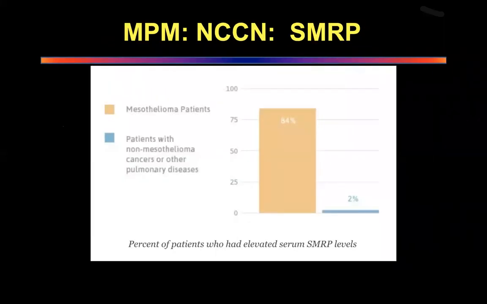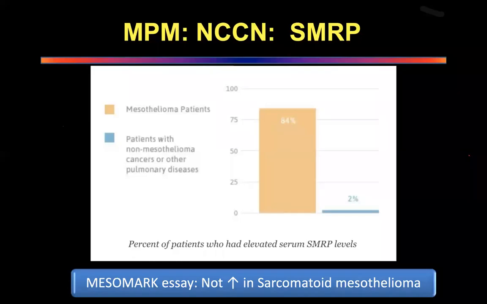Okay, so this is the SMRP data. Pretty sensitive for diagnosing the presence of mesothelioma, but the problem is the value or the number does not correlate very well with sarcomatoid mesothelioma.